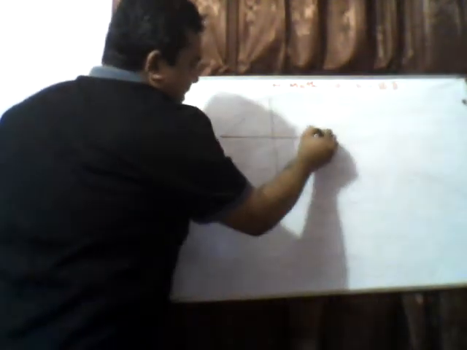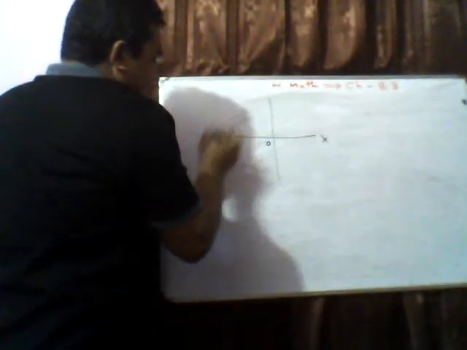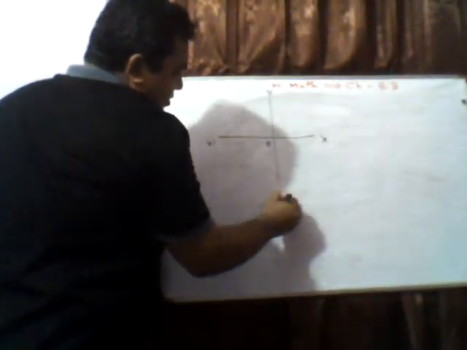Now we discuss the quadrants. Again we draw X'OX and Y'OY.